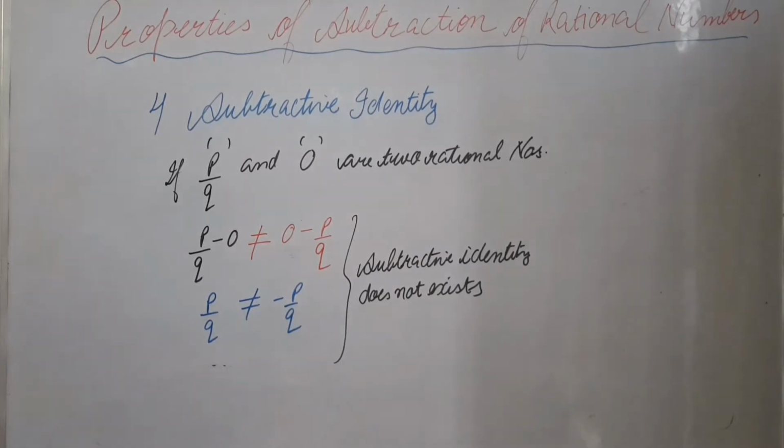Now we will see the questions related to these properties, and it is more clear to you from the questions of exercise 1.4. We will see these properties and we will check whether the result comes in both the cases are same or not.